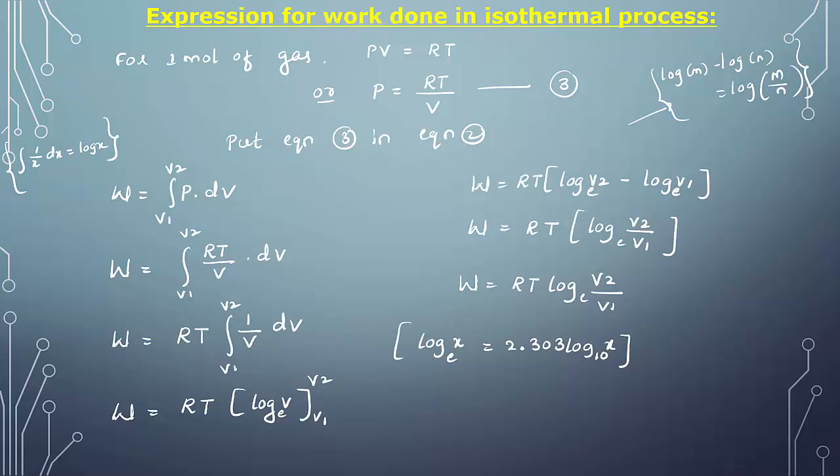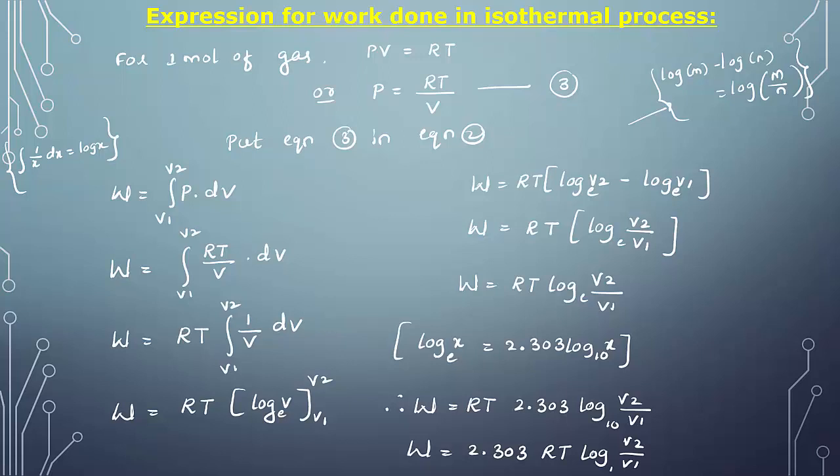So the above equation can be written as W equal to RT times, since here the base is e and I want base 10, 2.303 log of V2 divided by V1 to the base 10. Or we can write W equal to 2.303 RT log of V2 divided by V1 to the base 10.